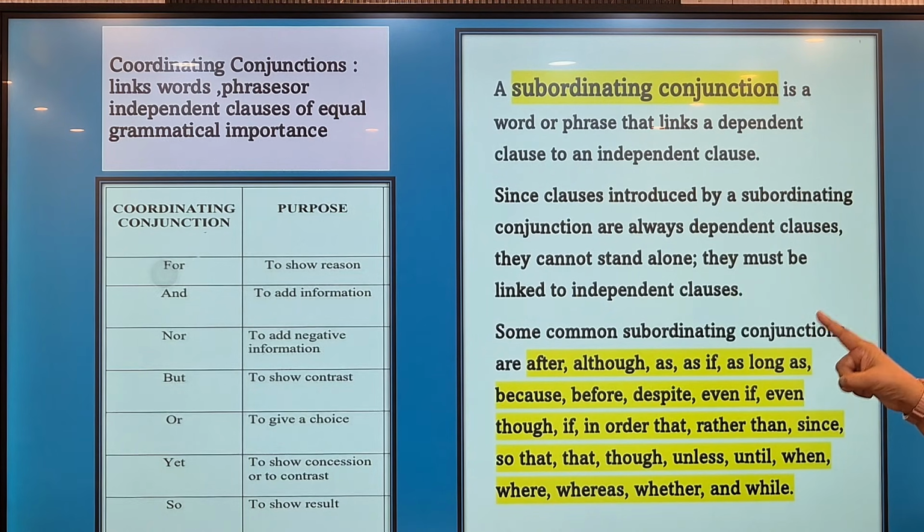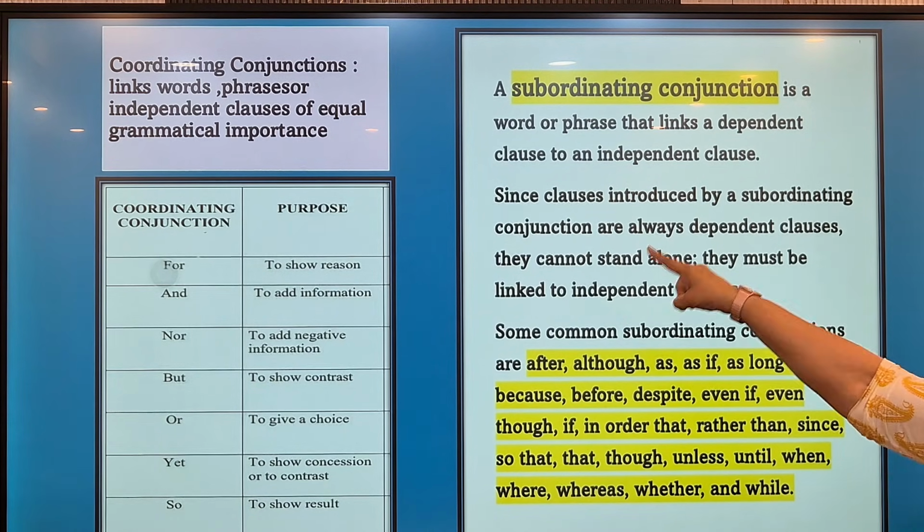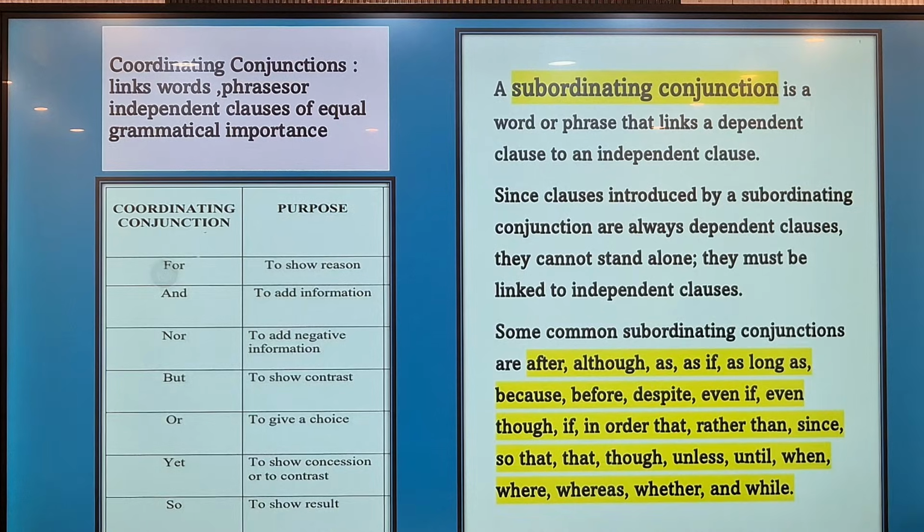So for, and, nor, but, or, yet, so, these are the coordinating conjunctions, and I have written down for you the purpose of using these coordinating conjunctions.